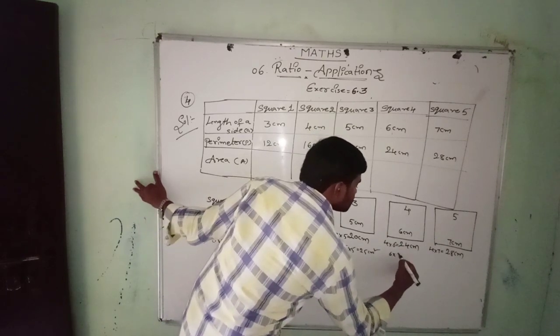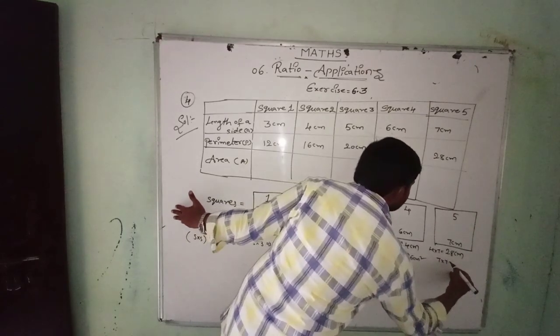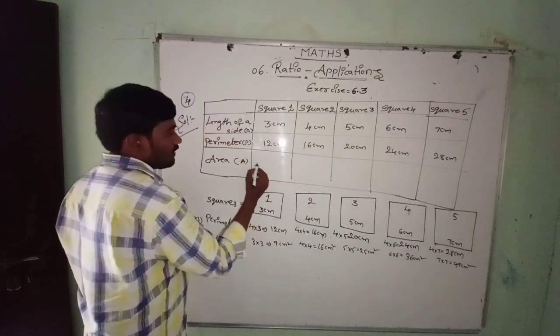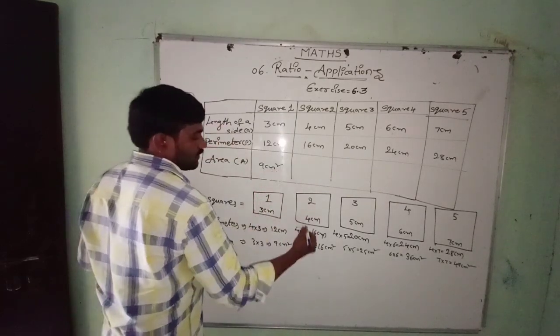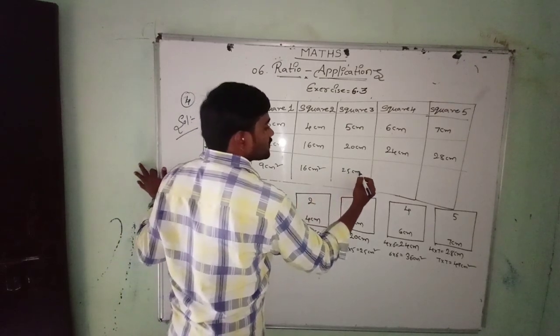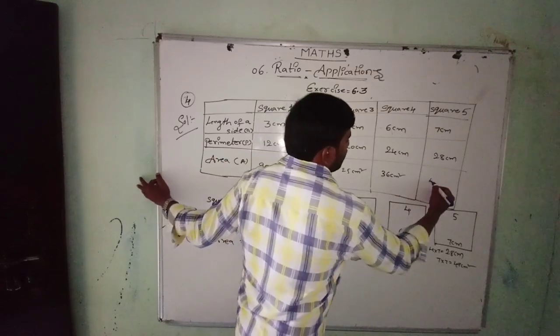Here 6 into 6 is 36 centimeter square. Now here 7 into 7 is 49 centimeter square. So here 9 centimeter square, here 16 centimeter square, here 25 centimeter square, here 36 centimeter square and 49 centimeter square.